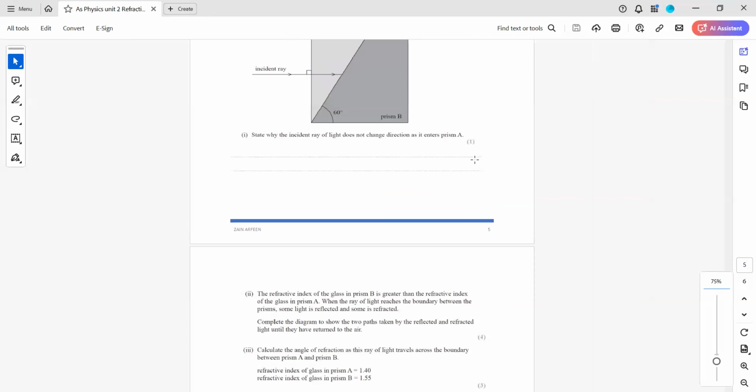Draw a normal here and measure the angle of incidence. This will be theta 1. And then use the formula n1 sine theta 1 equals n2 sine theta 2. The refractive indices for the two types of glass A and B are given. Theta 1 we will get from our measurement. So we'll get them from measurement, and we can work out theta 2.